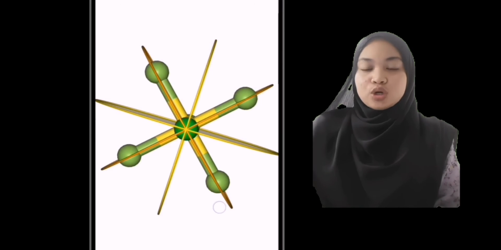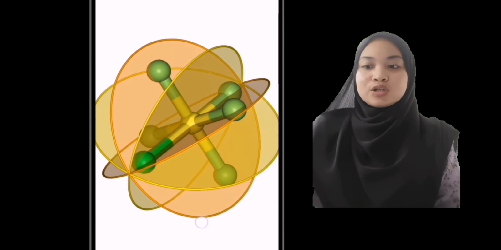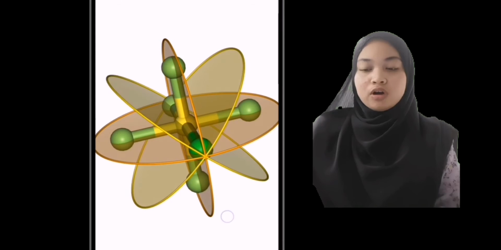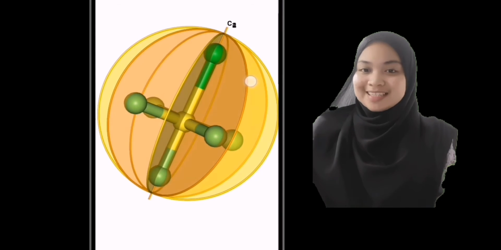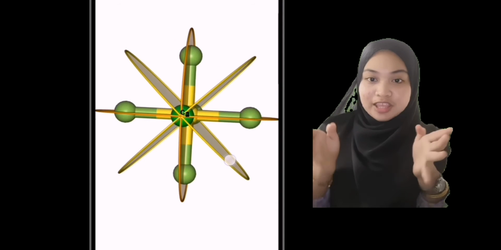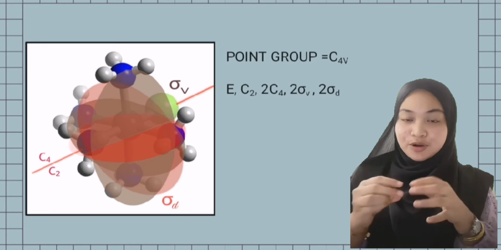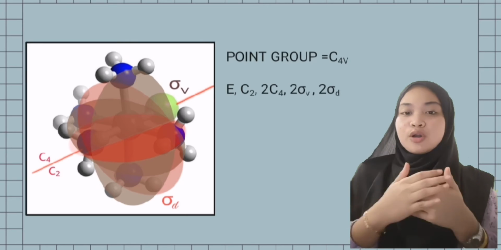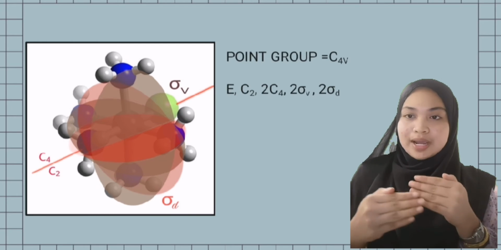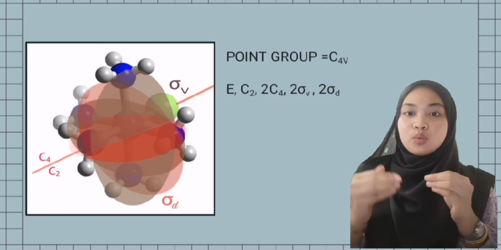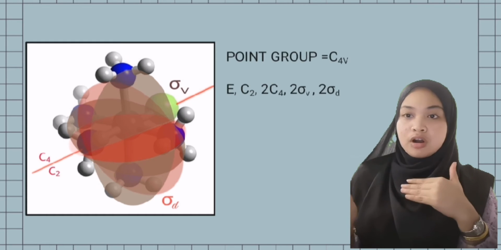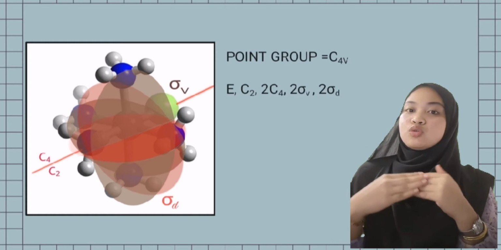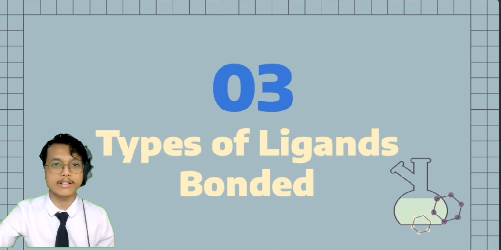So this shows all the symmetry elements in this complex, which are C2, C4, sigma v, sigma d, and not to forget E, which is identity. Therefore, the point group of this complex, chloropentamine cobalt trichloride, is C4v with symmetry elements E, C2, 2C4, 2 sigma v, and also 2 sigma d.